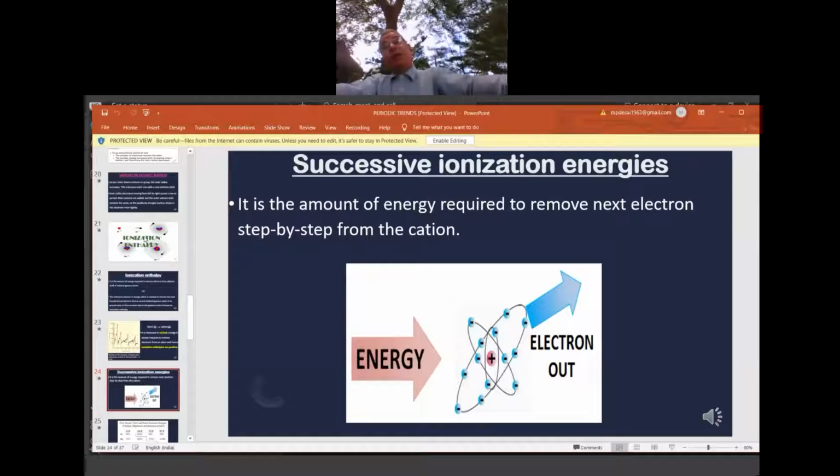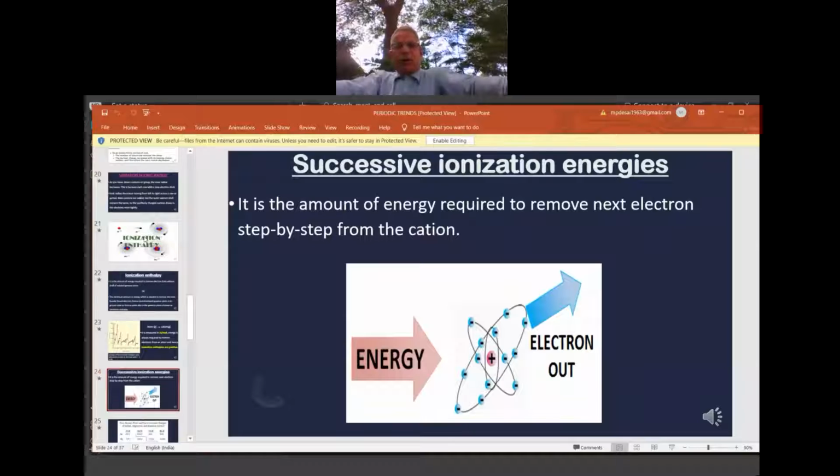Third, still difficult. As you remove more and more electrons, we face more difficulty. A lot of energy expenditure is there. That's why we don't normally remove more than 3 or 4 electrons. Maximum 3, at the most 4 or 5 under strong conditions. 6th, 7th, 8th, very difficult. It is simply a waste of energy.